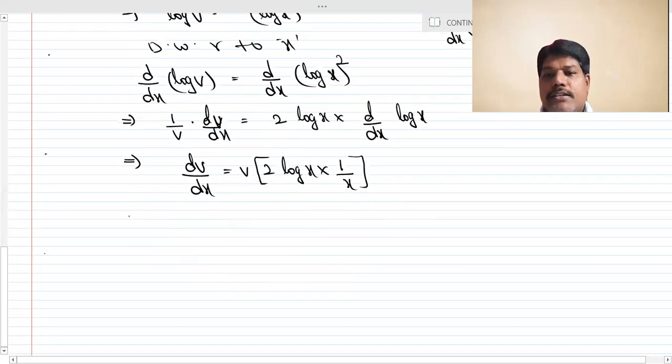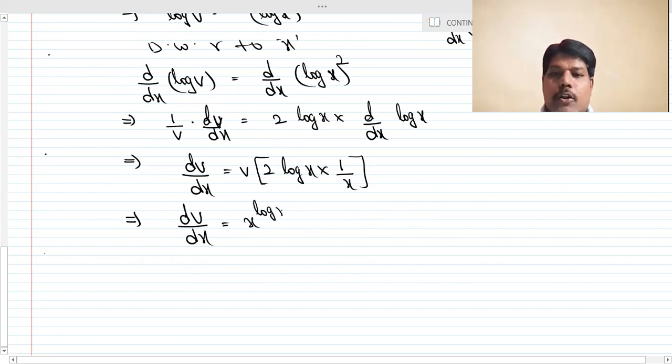So that implies dv by dx value, what is the v value, students? v is nothing but x power log x into 2 into log x by x. So x is nothing but x power 1. Do you understand that x is nothing but x power 1.